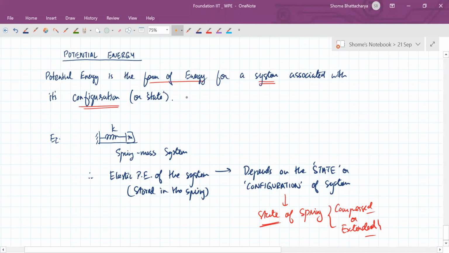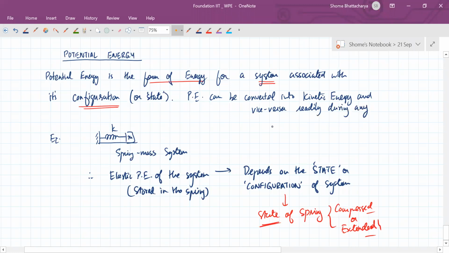Now, one more thing, potential energy can be converted into kinetic energy and vice versa, readily during any process.